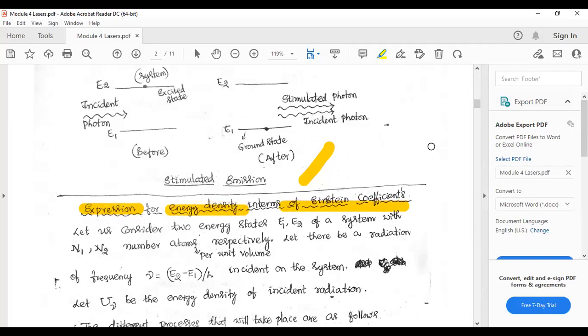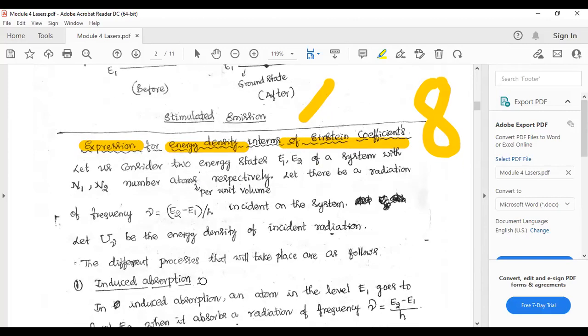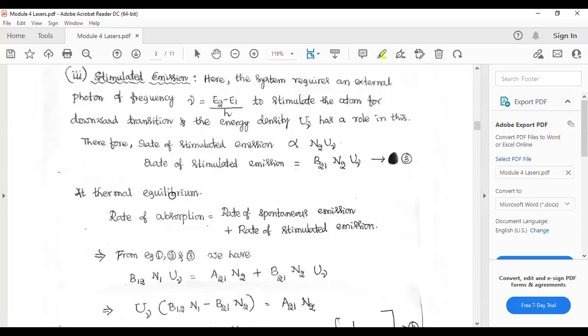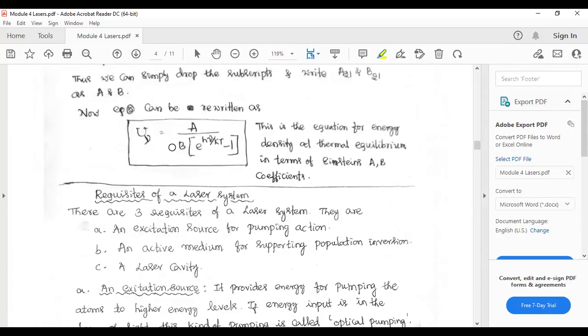This will be for 8 marks, 8, 7, 6, whatever it may be. This is a very important question. You have to start here and write up to this point: U nu is equal to A divided by B into e power h nu by kT minus 1. This is the next important question.